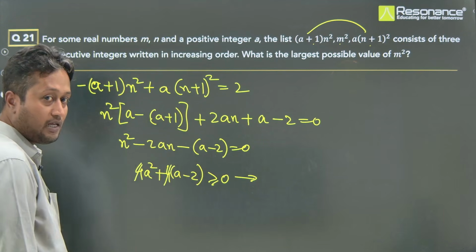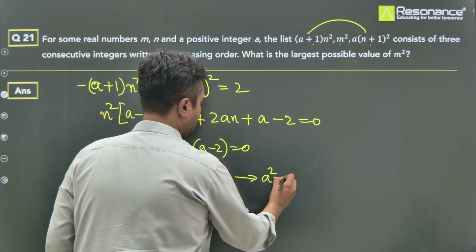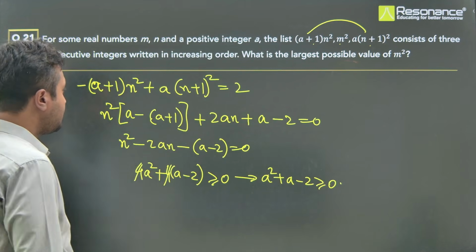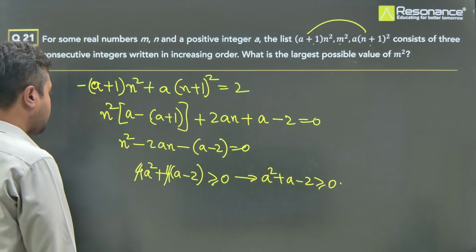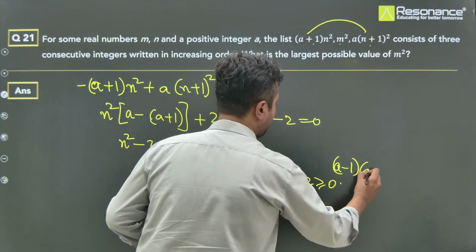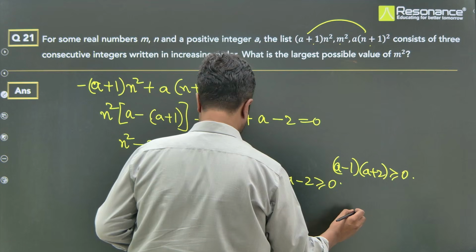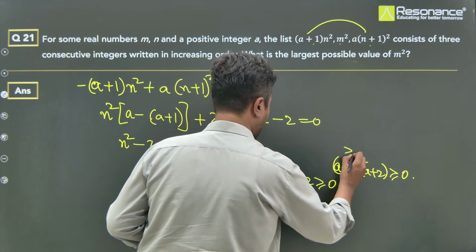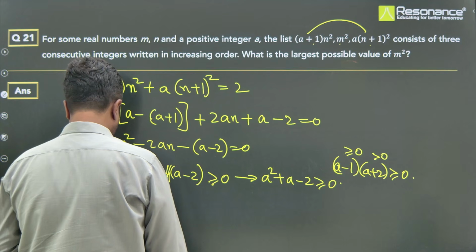So a^2 + a - 2 must be greater than or equal to 0. So this inequality will always have a solution, right? Because this is nothing but (a - 1)(a + 2) greater than or equal to 0. Now since a is greater than or equal to 1, this will be true. This is non-negative. This is anyway positive. So this will always be true.